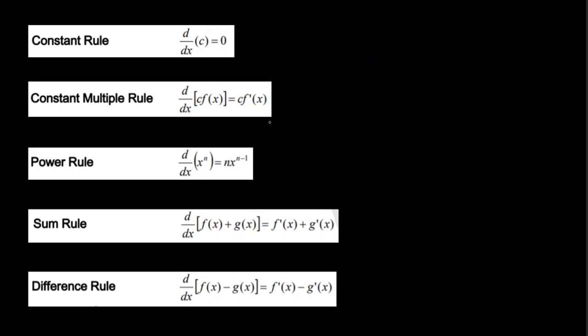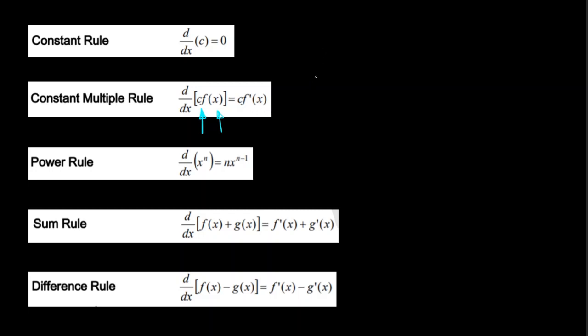Okay, let's move to the second one. Constant multiple rule. It says here that C is the constant, right? And you have f of x right here. f of x is a function. So what happens is, the C becomes a multiplier, hence the name constant multiple rule, and then you look for the derivative of the function.